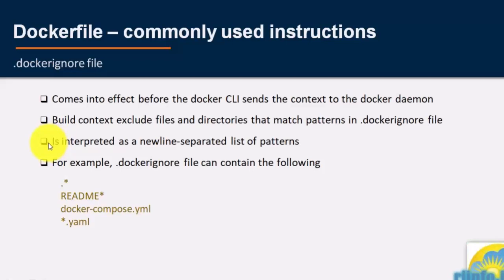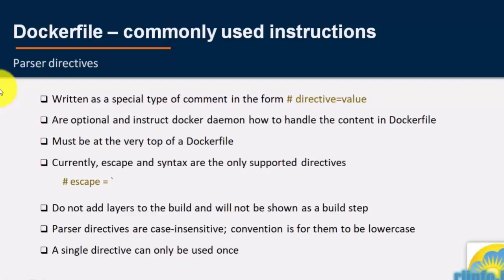For example, the following patterns would be excluded from being copied over to the Docker daemon: any file that starts with a dot, README files, or docker-compose.yml files. All files of type .yaml are going to be ignored.